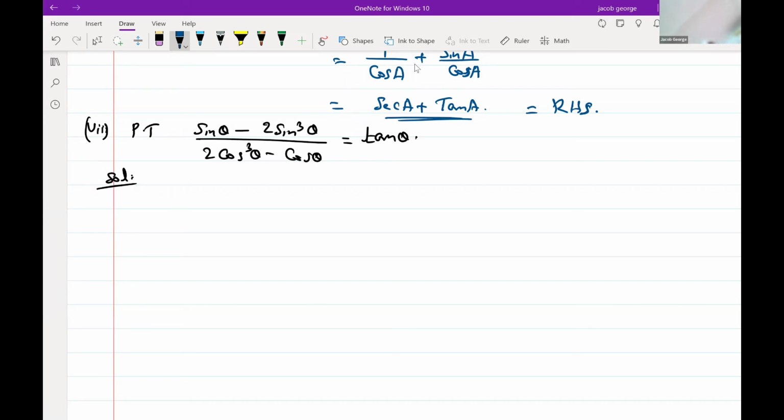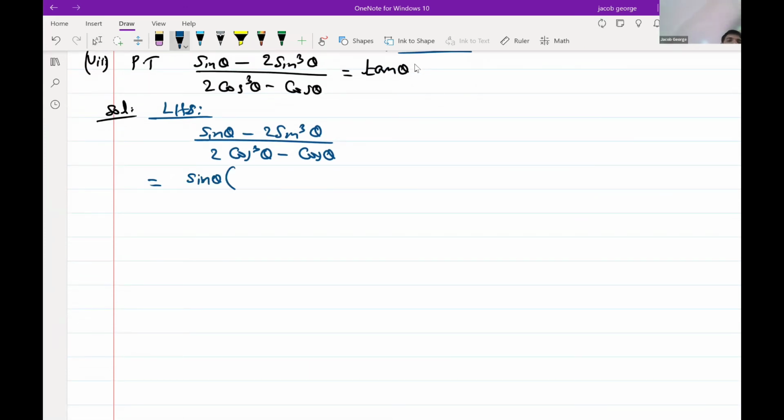We can take sin theta outside from the left hand side. Left hand side is sin theta minus 2 sin cube theta upon 2 cos cube theta minus cos theta. We will take sin theta outside from the numerator and cos theta outside from the denominator.